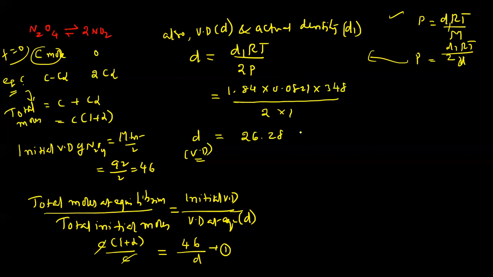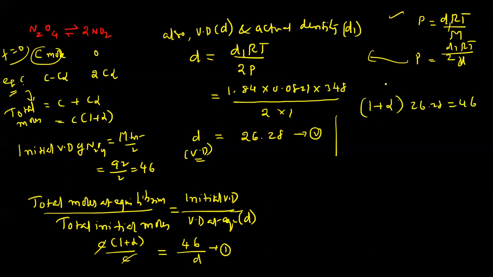Assume this is equation number 2. Now, from these equations, the first information we have got is 1 plus alpha is equal to 46 by D, right? In the second equation, 1 plus alpha multiplied with 26.28 is equal to 46.